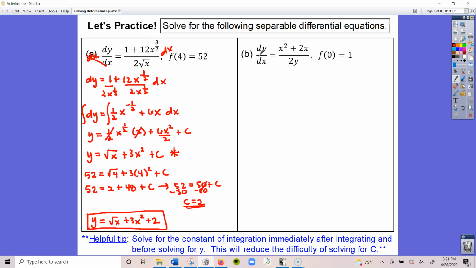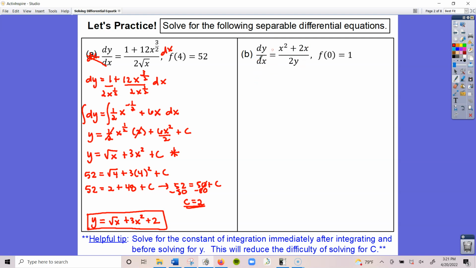Now for b, we have dy over dx is equal to x squared plus 2x all over 2y, and my initial condition is f of 0 is equal to 1. If you ever have a differential equation where your variables are across from each other, you see how you have dy and then the y in the denominator. I have dx here and then my x is in the numerator.